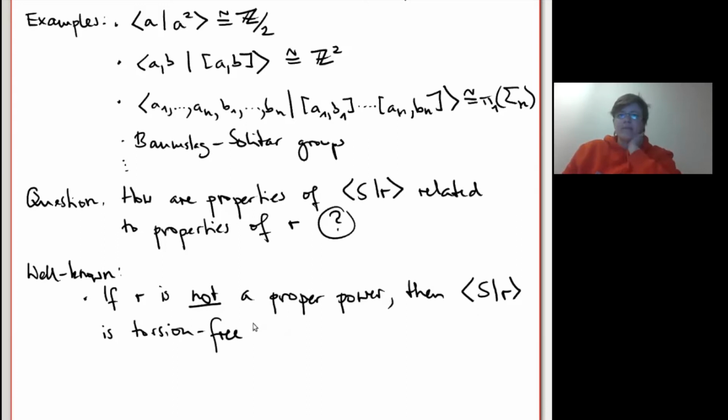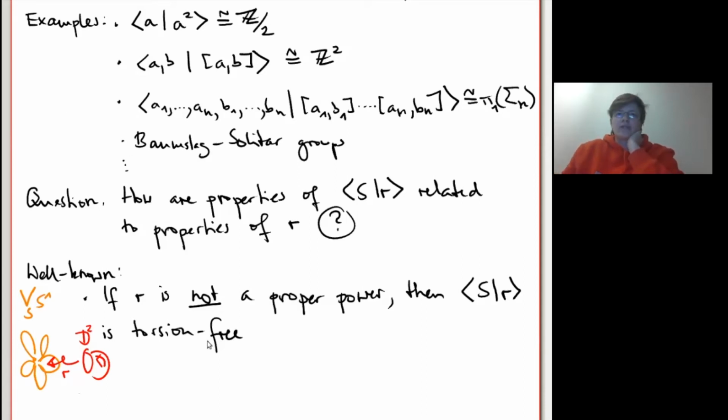You could look at the presentation complex. What is the presentation complex? You take a wedge of circles, one circle for every generator, and then you add a two-disk D2 to this wedge of circles, and what you do on the boundary of this two-disk is just given by this relator R. So that's the presentation complex.